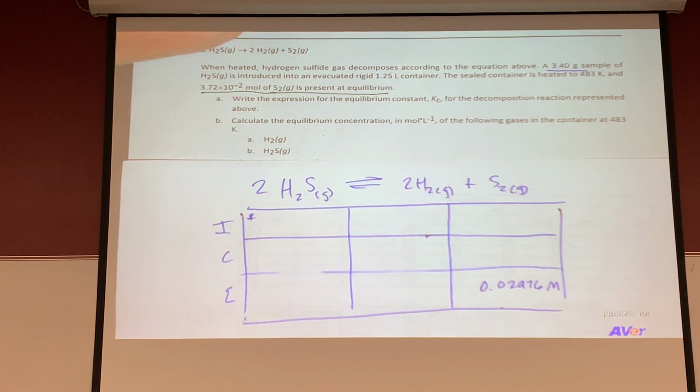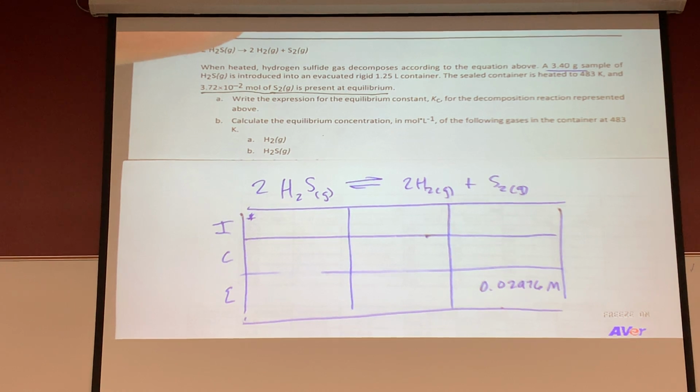So when we're finding the concentration, do we do 2 of this divided by the liters? I think you just need to know that it's a 4 gram sample. Do we want to find the concentration? Yes. So you do H2S moles divided by the 126.